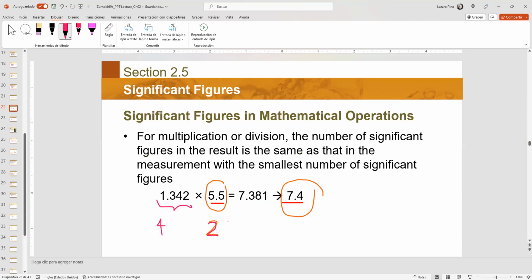Then you say, well, the number with least significant figures in a multiplication or division will give me the number of significant figures to be reported. Then you multiply, you will get in the calculator this number, but your answer will have only 2 significant figures, because the rule in multiplication and division is to report the number of significant figures in the factor with least significant figures.